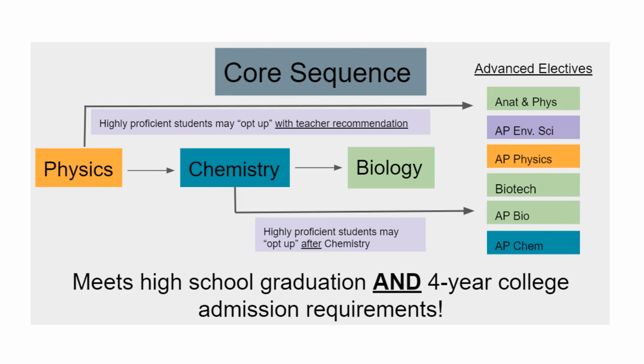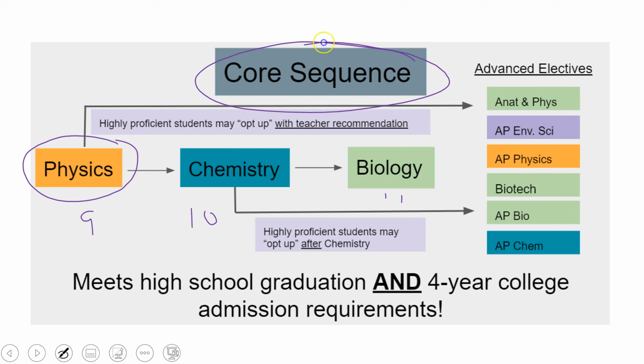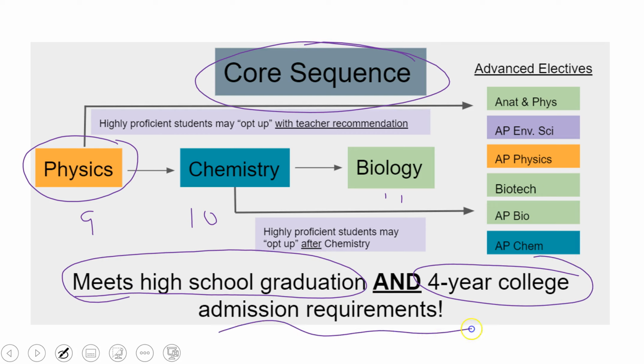All right, so we will start with physics. Physics is our general science option. So you would start your 9th grade year in that physics course, followed by a 10th grade year in chemistry, and then your junior year you might take biology as that third year option. Now what we really like about this course sequence is that it meets your high school graduation requirements and your 4-year college admission requirements.